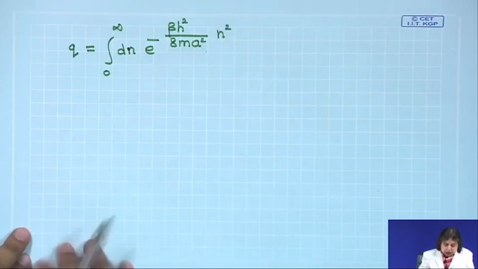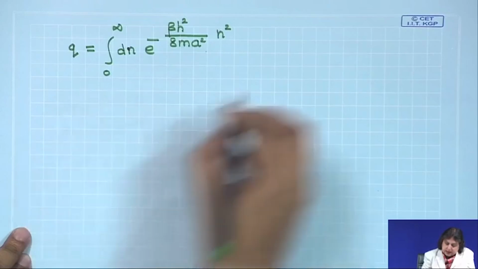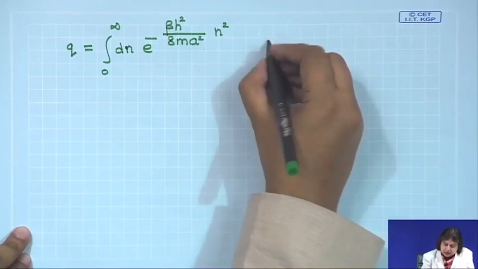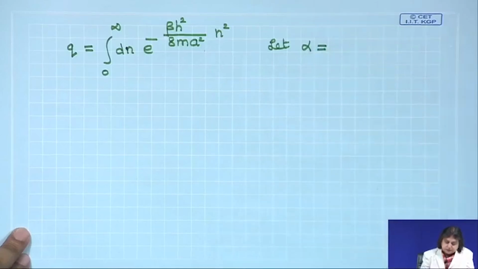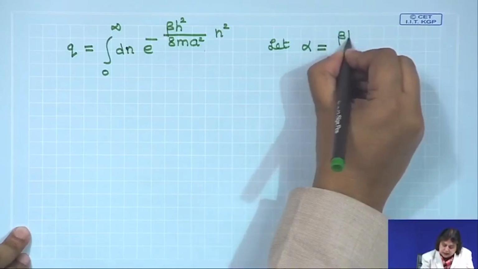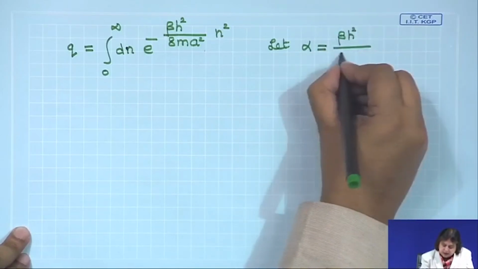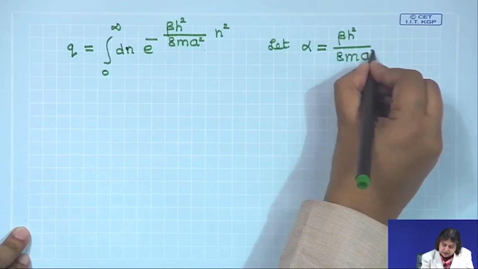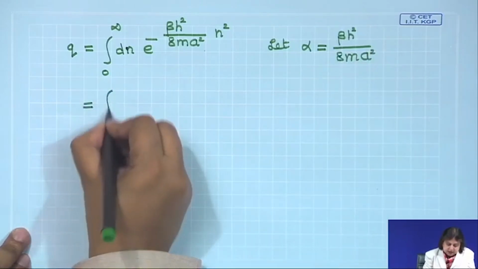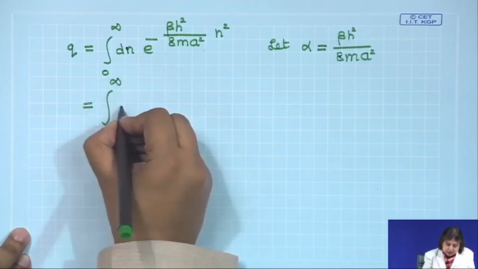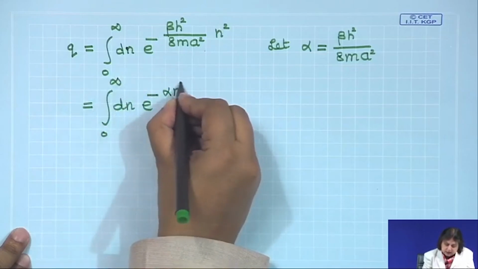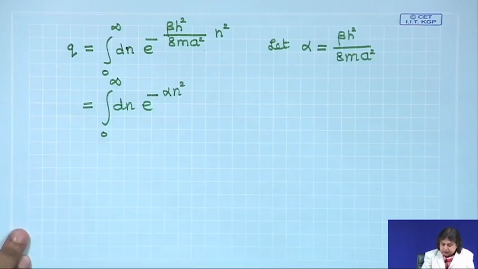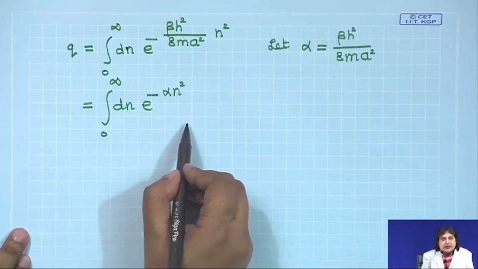Now, what I am going to do is, let me use the following notation. Let alpha be equal to beta h square divided by 8 m a square. Then this integration now looks like 0 to infinity d n e to the power of minus alpha n square. I need to find out the value of this integral.